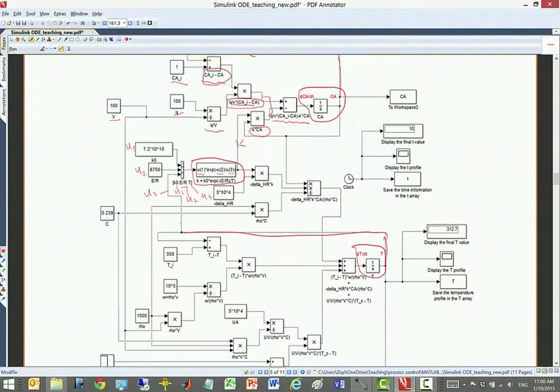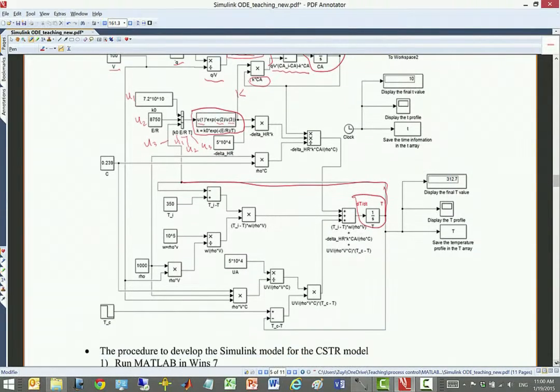Similarly, we could represent the differential equation for temperature by the summation of these three terms. The first term is here: Ti minus T times W over rho times V. Then the second term is here, so we add them together.